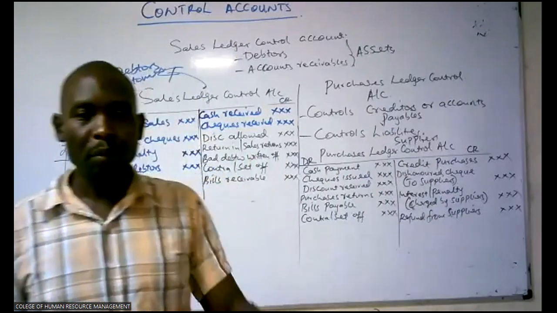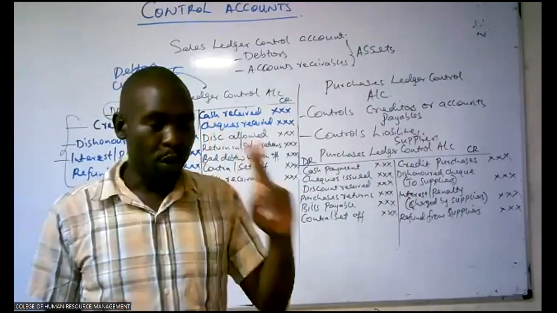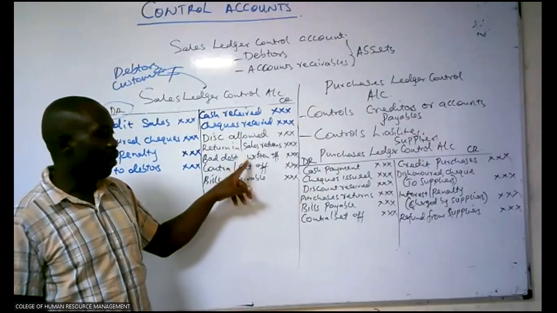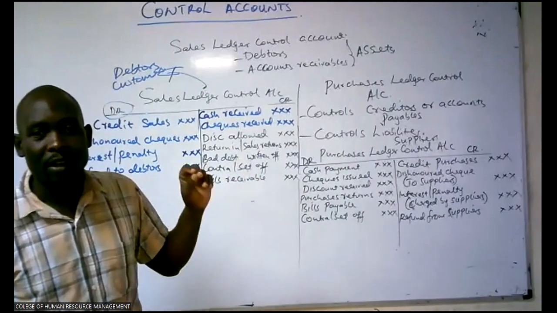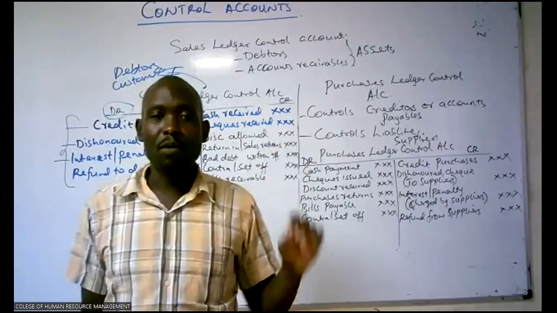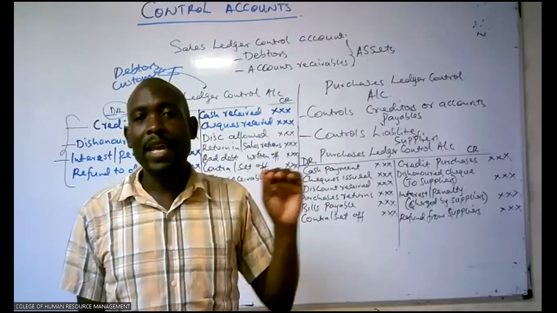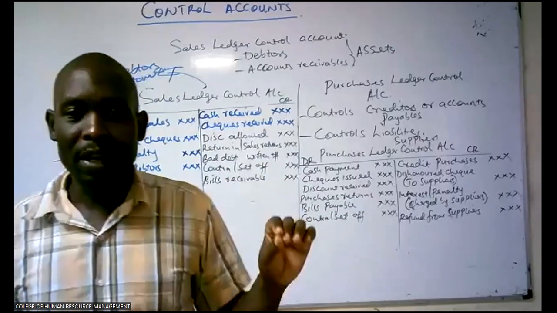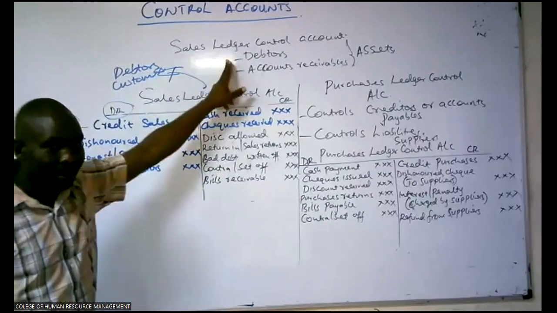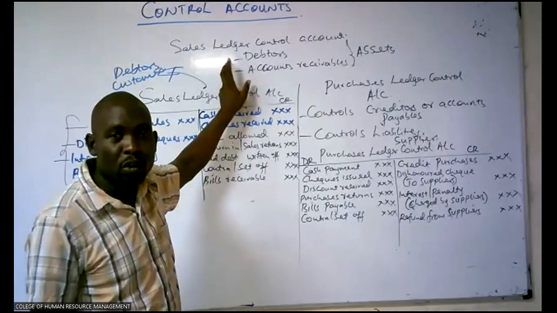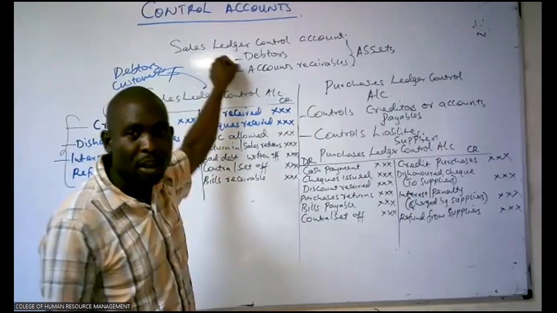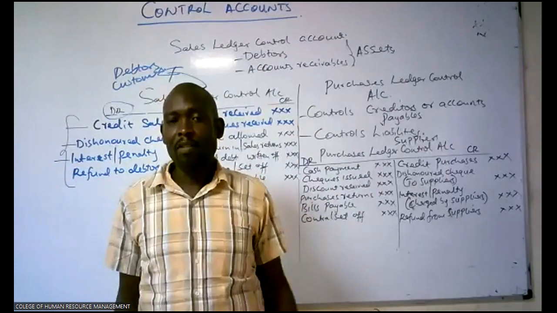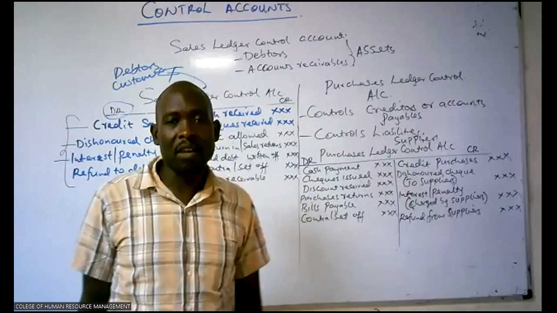That is one. Number two, we only deal with bad debts written off. Bad debts written off, this is an amount that we have confirmed to be irrecoverable from the debtors. When you sell goods on credit, you create debtors. You cannot receive this money from them 100% in most cases. Some of the debtors might be mischievous.